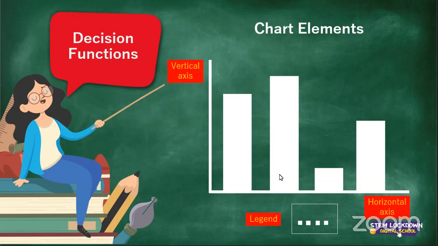Now, these elements are common in all the other graphs, like your line graph, except maybe there's a slight difference when you talk about the pie chart. But most of the things are quite similar. So a legend, you equate it to your key, right? Then, of course, every chart has to have a title.